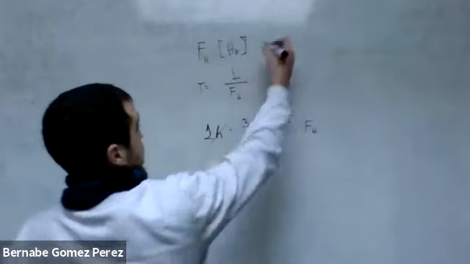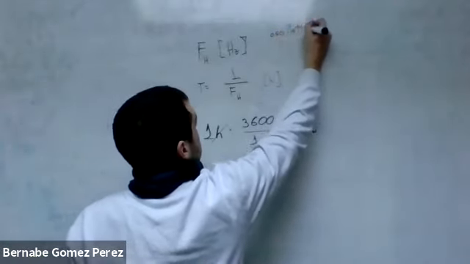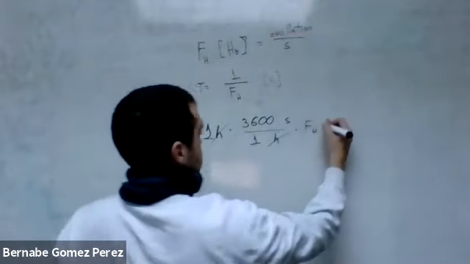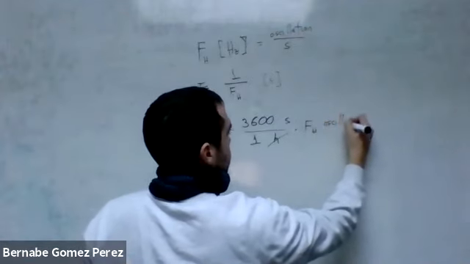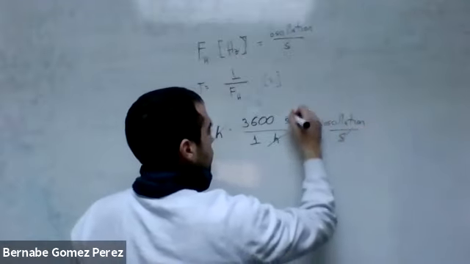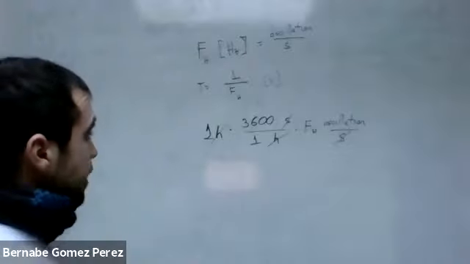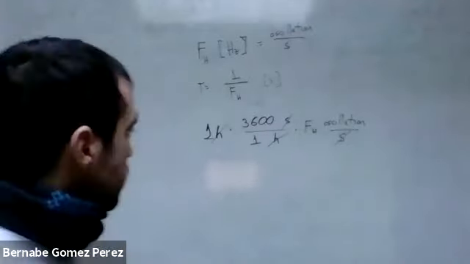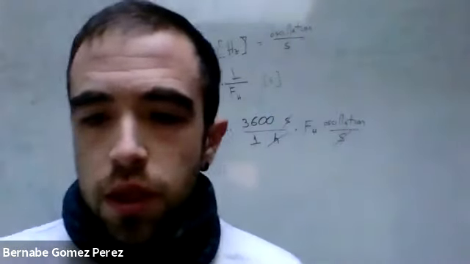So we know that hertz is oscillations per second, right? So now I have oscillations, right? That's why it's important to keep track of the units that you use, because then you know that what you do is right, okay?